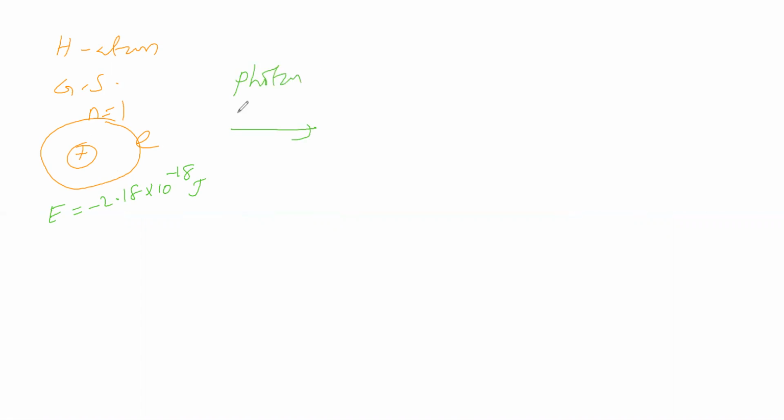We are giving a photon to this, and the photon has 6.54 into 10 to the power of minus 18 joule of energy. This photon falls on this electron, so part of this energy is utilized for breaking the attraction between the nucleus and the electron. So the electron came out, and the electron that came out has kinetic energy.